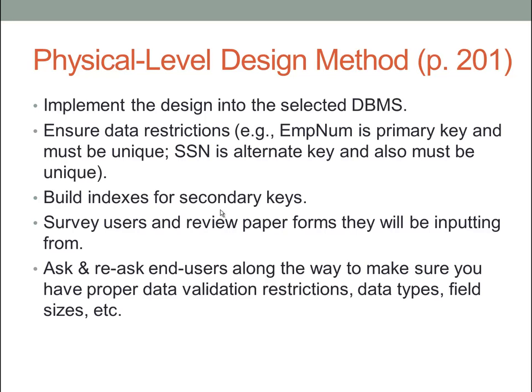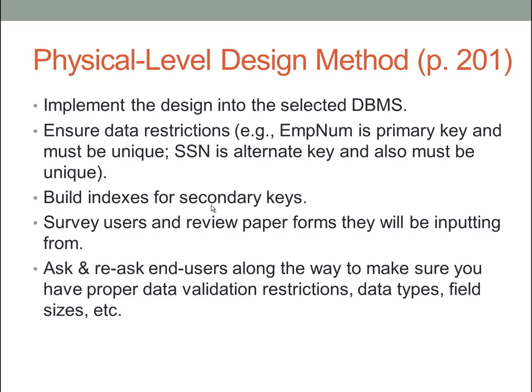I, as the designer, need to make sure when I'm actually ready to do the physical level design that I have proper data validation restrictions, that I have the proper data types, that I know whether it's numeric or alphanumeric or alpha, that I know the field sizes. Do I know that that warehouse number is 2 alpha characters and I've restricted it to 2, no more than 2, no less than 2?